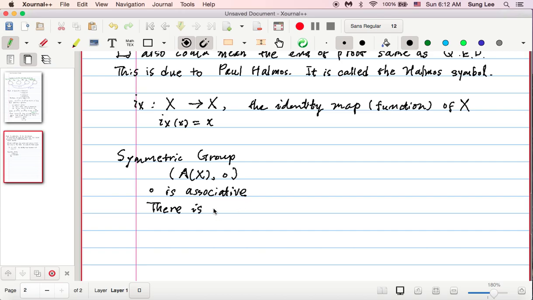There is an identity element. The identity map, or identity function, plays the role of identity element.